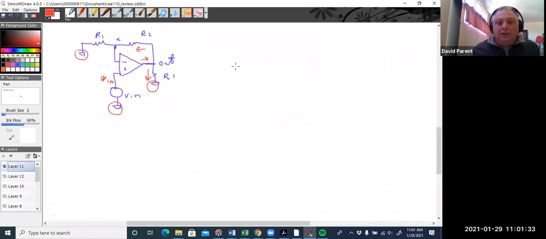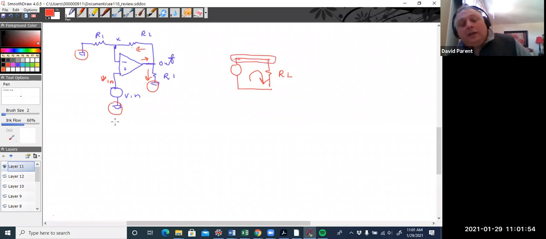And so it's really just like having this, right? This is tied to that, and the current is just going to flow. It doesn't change that voltage, right? Because it's all the same. Now I'm going to do this one a little bit differently. All right, I'm going to redraw the circuit.